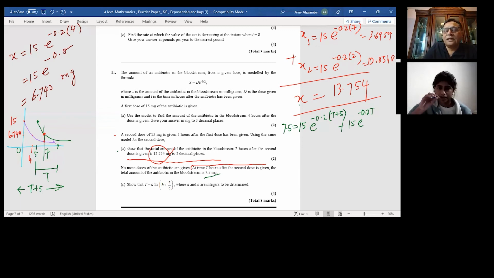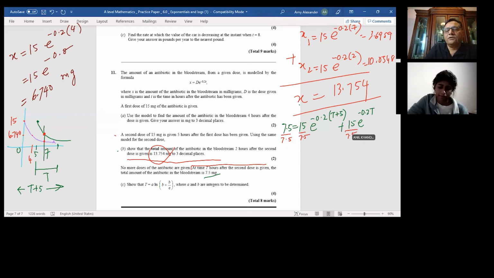So now let us divide, or just keep this as such. We can divide every term by 15, right? Well, let's divide by 7.5. Is that okay?